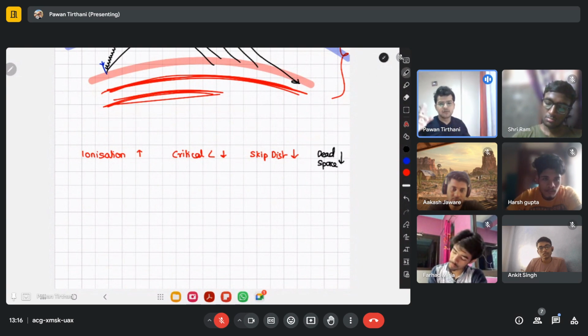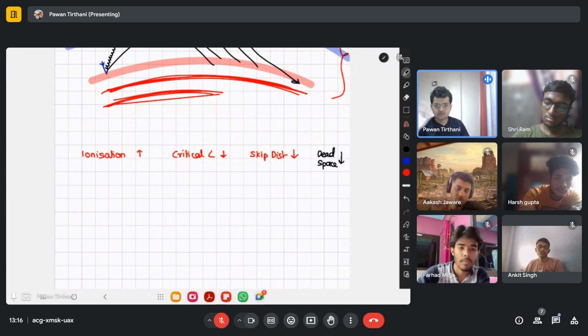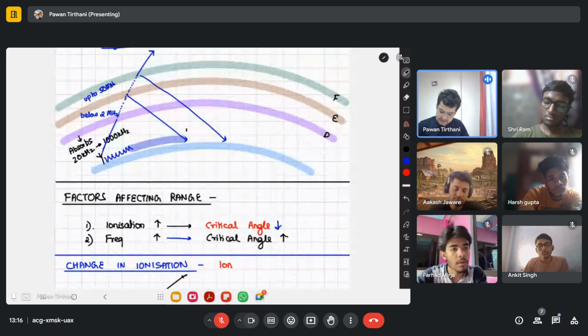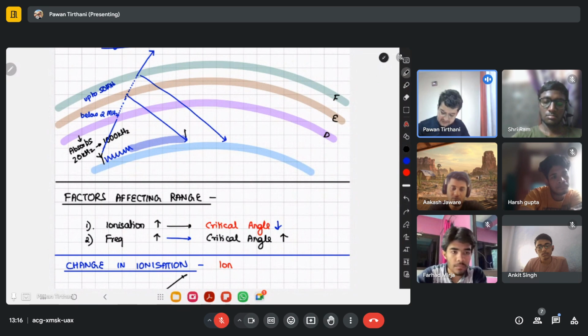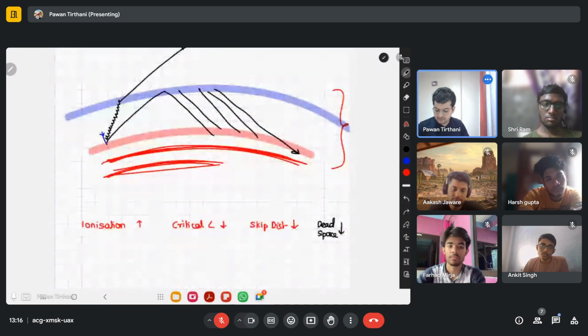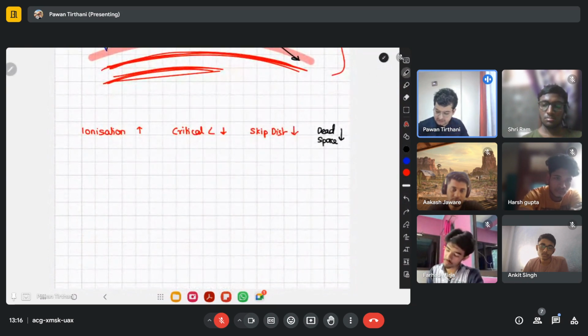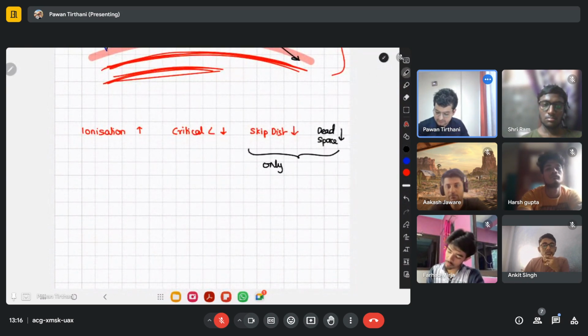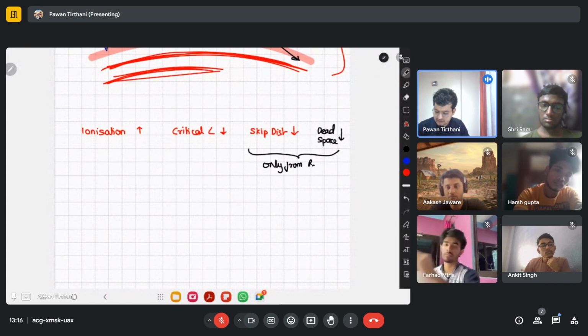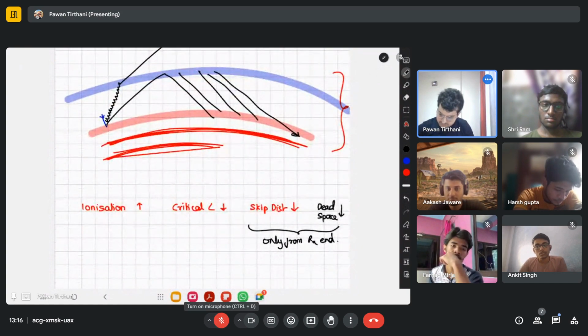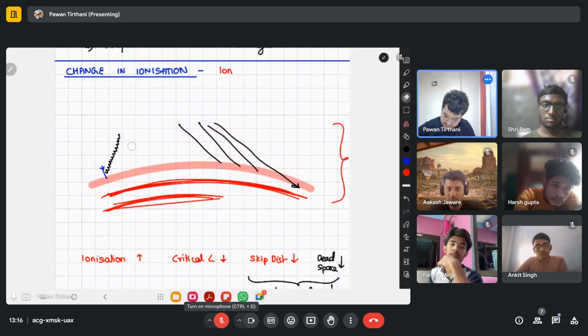But did it decrease from only one end or both the ends? दोनों साइड से डिक्रीज हुआ या सिर्फ इस साइड से? ये सिर्फ इस साइड से डिक्रीज हुआ. Only from the receiving end. Okay? Any doubts? इसका टेबल बना लेना अच्छे से.